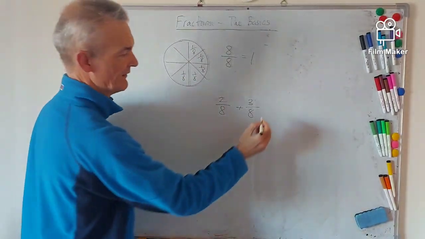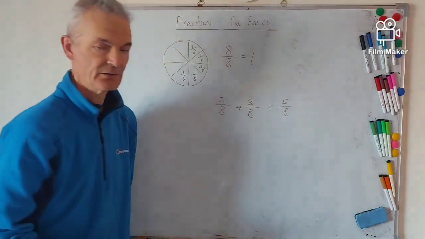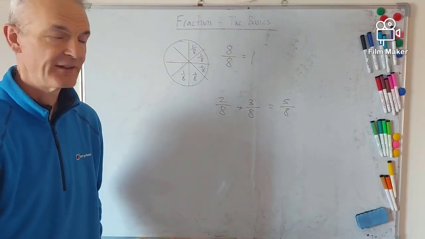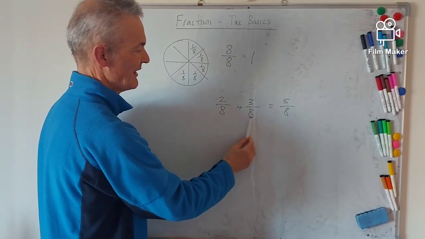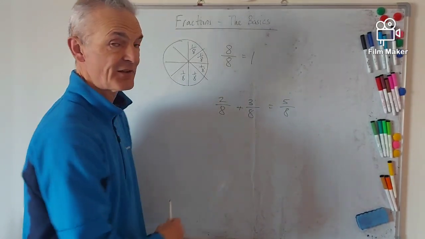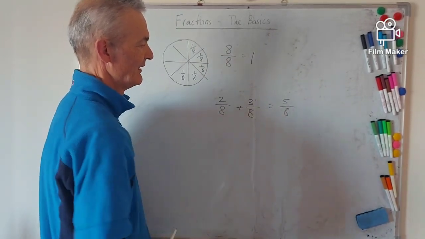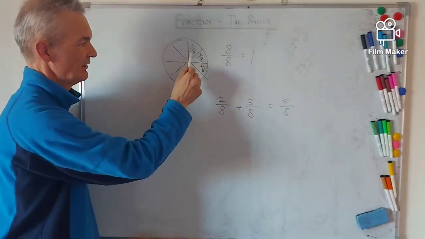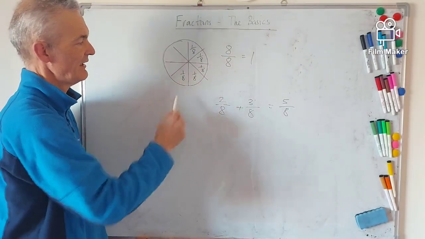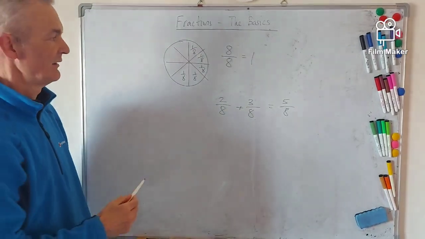Well, that's 5/8. Like so. Now, hopefully what you'll notice here is that these bits at the bottom are the same. If they are the same, we can just add these bits at the top and we get 5/8. Okay, so all that is in here is 5/8 of the whole.